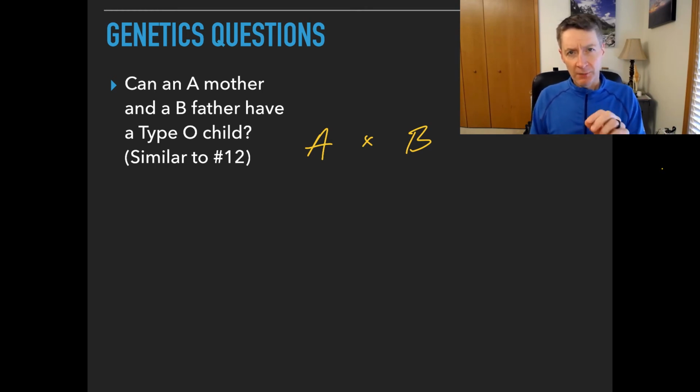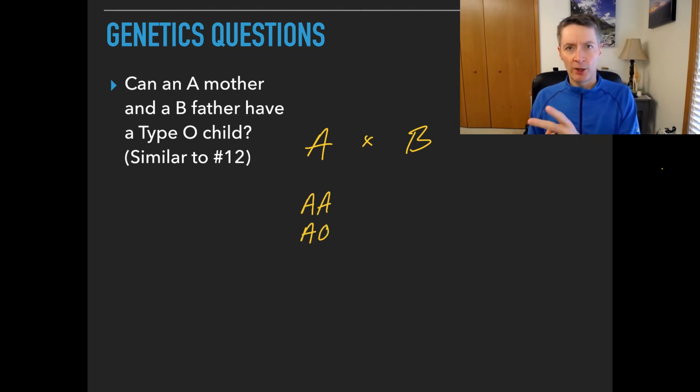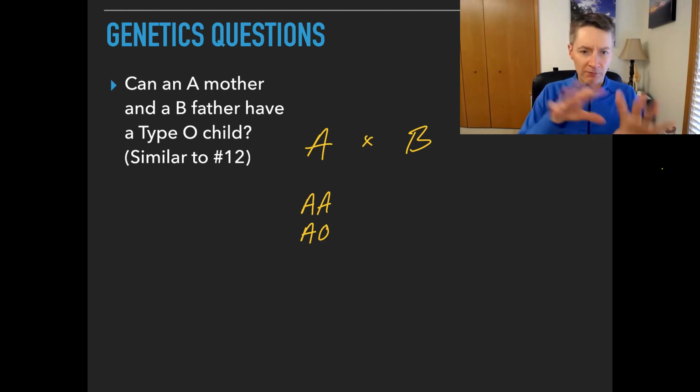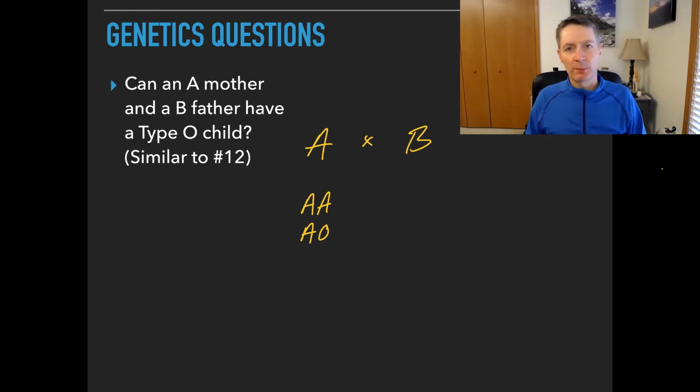But we have to think about what are the different ways you can be type A, okay? So let's write those down. There's more than one way, right? You could be AA or you could be AO, correct? Now I'm leaving off all of the I's here just to keep things simple, right? We know that we're talking about genes when we pair them up like this, right? So AA or AO. And for a B person, there's 2 ways as well.